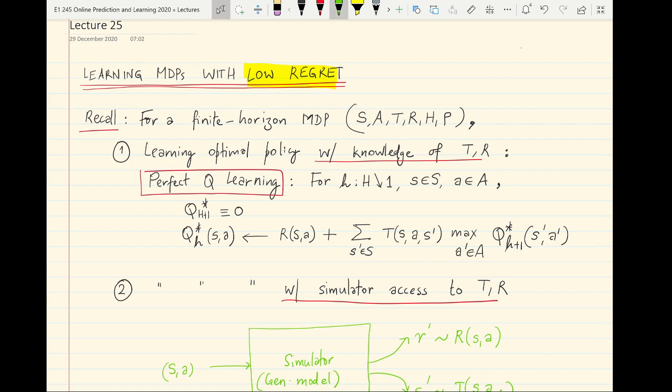So if the state transition probabilities and the reward function are both given to the learner, then learning the optimal policy with this knowledge of T and R, where T is the transition probability table and R is the reward function for a finite state action Markov decision process, can be done by what is called the perfect Q learning algorithm.